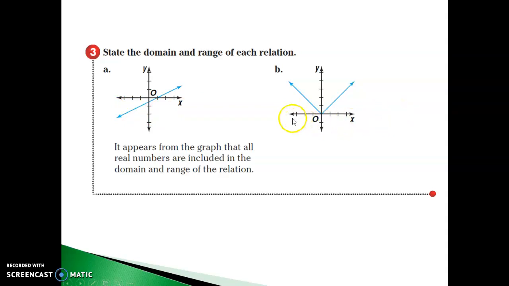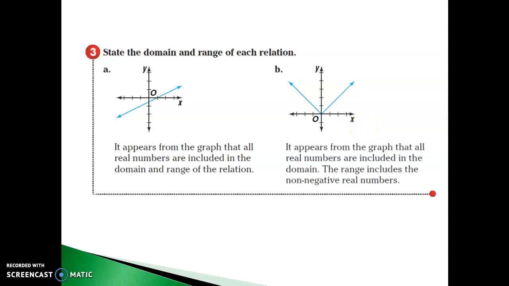So taking a look at B, as I look along the x-axis, there will always be a point along the graph that's going to give me a y value. So my domain is going to be the set of all real numbers. But when I take a look at the range, that's coming along this y-axis to see if I have a point on the line. And that's true for all the y values above.